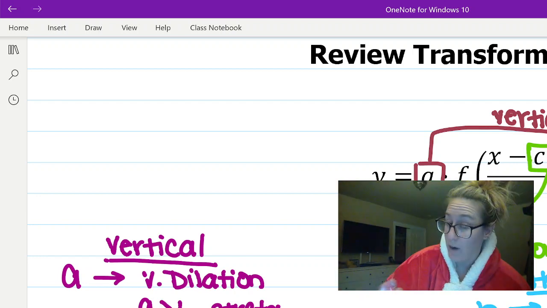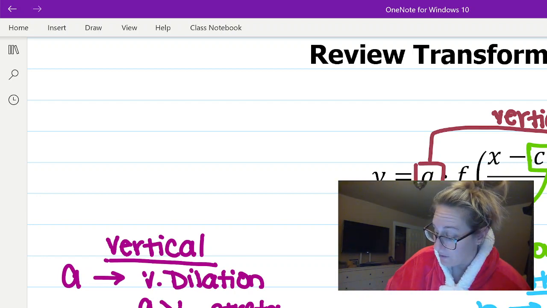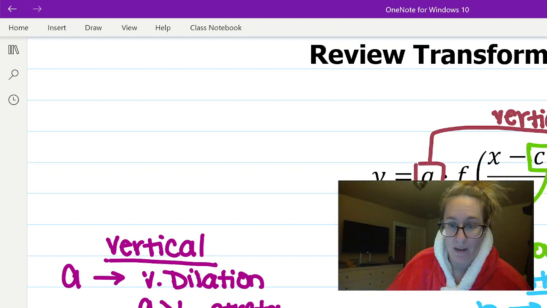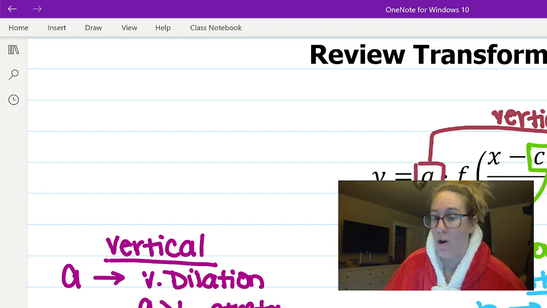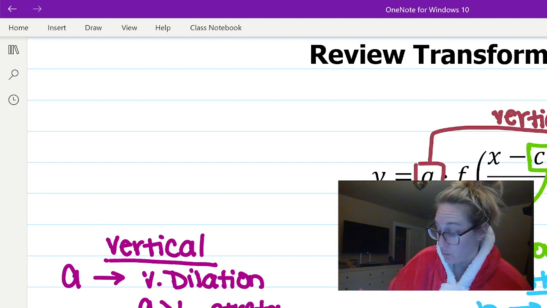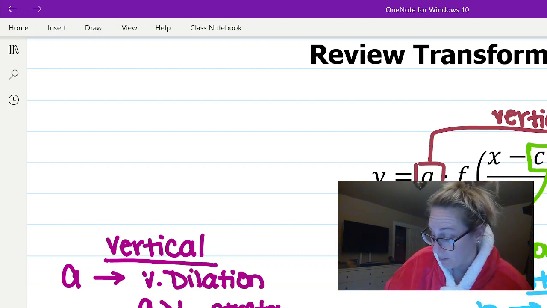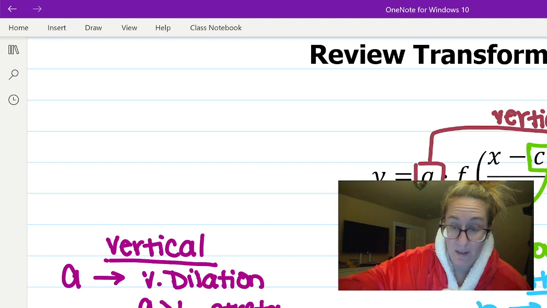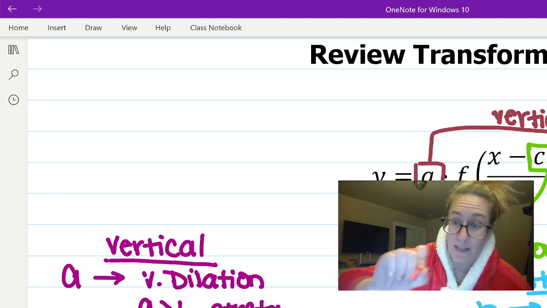Now, if B is a fraction, that means you have something like 1 over 1/2, or 1 over B, which really means that the number that you're multiplying by is a whole number. So it's going to look like a whole number in the problem.